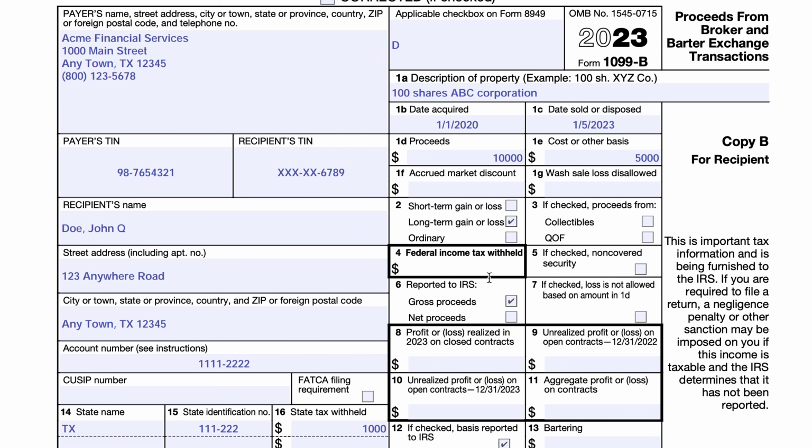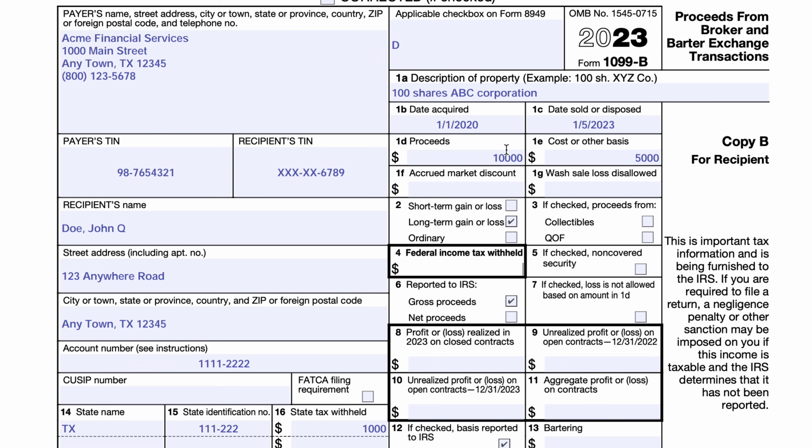In box 6, you'll see what was reported to the IRS, either gross proceeds or net proceeds. So the form instructions state that if the exercise of a non-compensatory option resulted in the sale of a security, then they would check the net proceeds box to indicate whether or not this was the box 1D, the proceeds were adjusted for option premium.